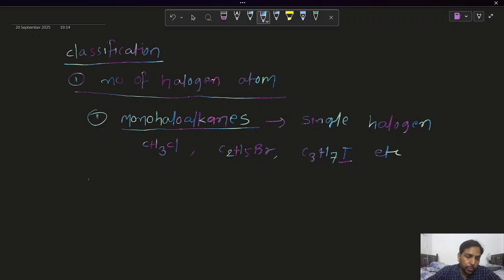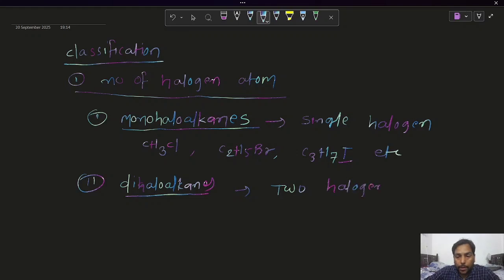This one is what? Monohaloalkanes. Of course, a compound having a single halogen atom. Now the second one is what? Dihaloalkanes. Of course, in case of dihaloalkanes, a compound in which two halogen atoms are attached. So simple.